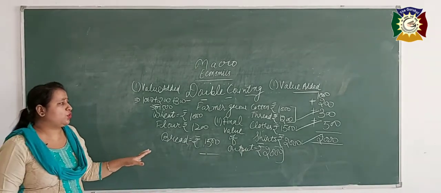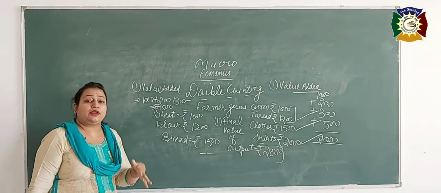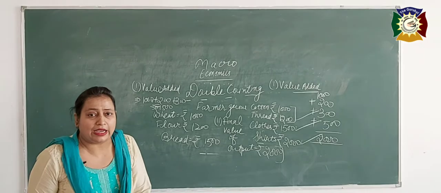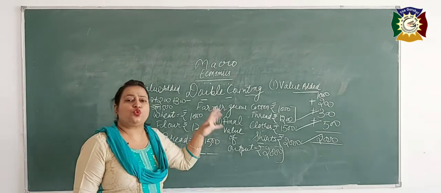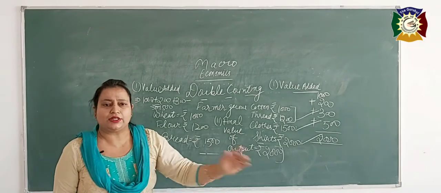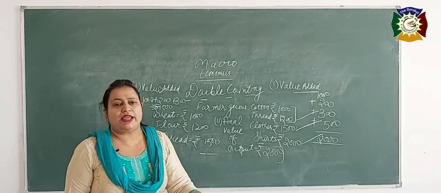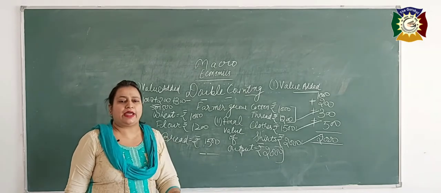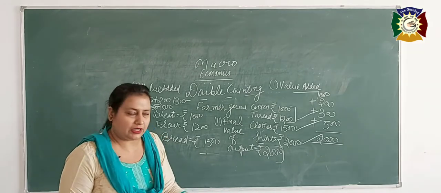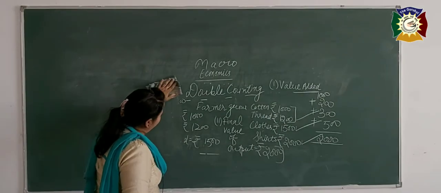So there is no problem of double counting. You can solve it, but you have to keep in mind that you can use these two methods. If you are taking the final value, no need to take other values. If you want to take value addition, then you take the value addition done using the raw material. Okay beta, double counting can be avoided.